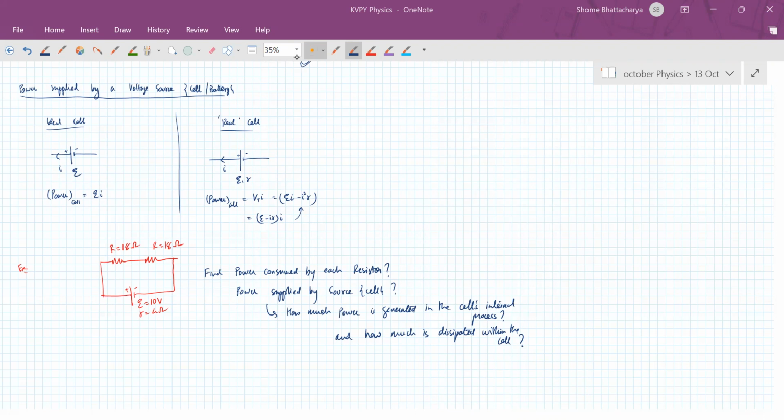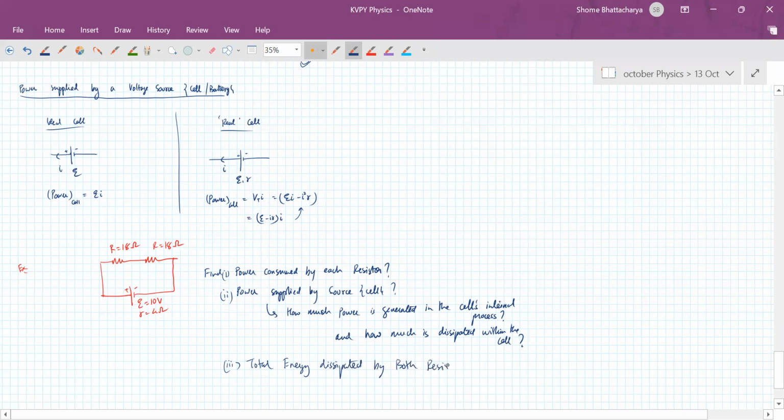So one more thing we will see is the total energy in a certain amount of time. So we'll add that. We're doing this, and find the total energy dissipated by both resistors A and B in a time of, let's say, 10 seconds.